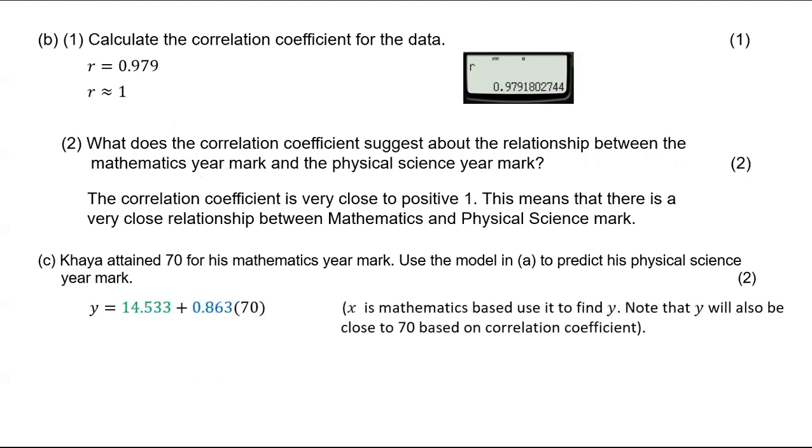Now, based on the correlation coefficient that I calculated in B1, I can say that whatever I'm going to get as the y value, since x is 70, will be close to 70, because there's a positive close relationship between x and y.